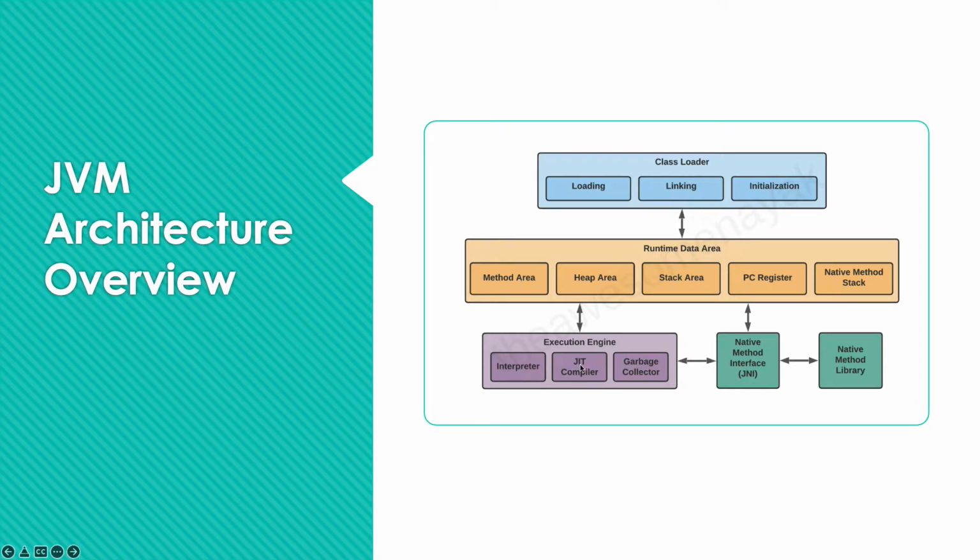The execution engine has again three components: interpreter, JIT compiler, garbage collector, and again, like I mentioned, the other two: native method interface and native method library. So we'll probably go in depth in each of these components in the upcoming slides. So first, let's look at the class loader.